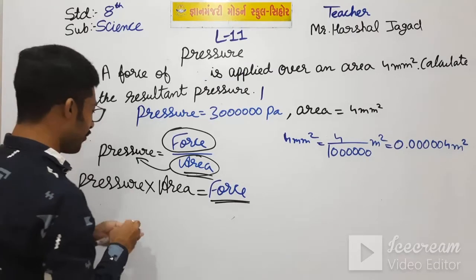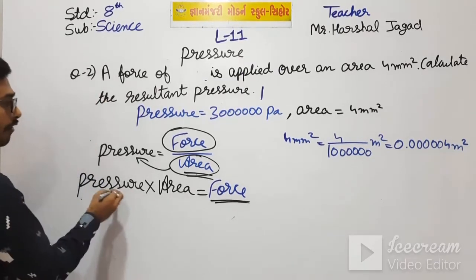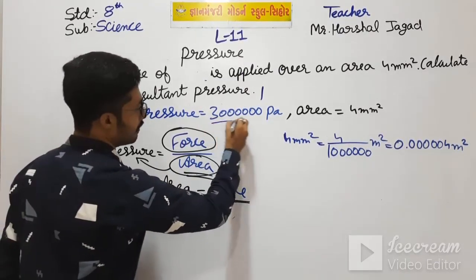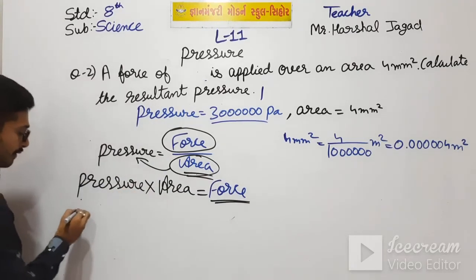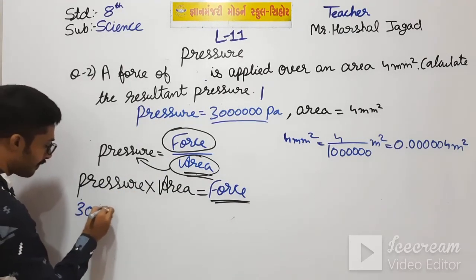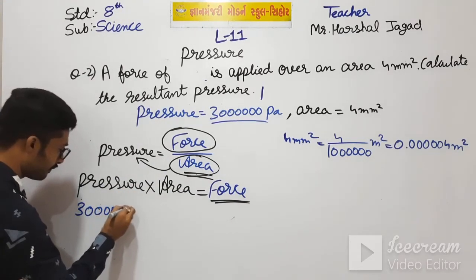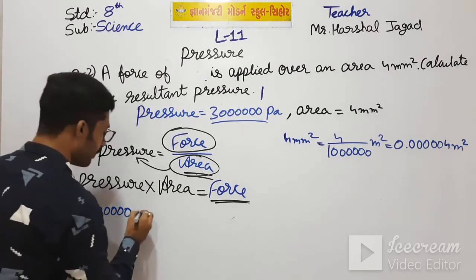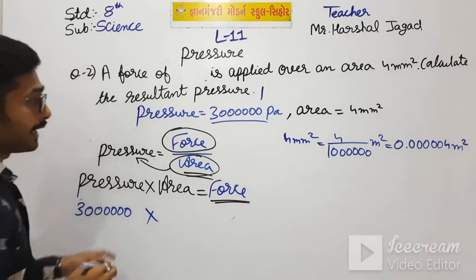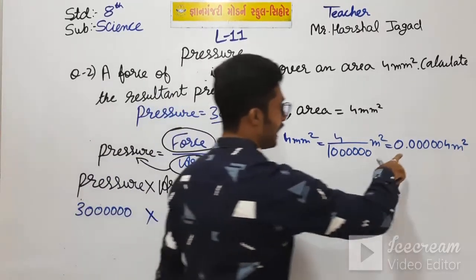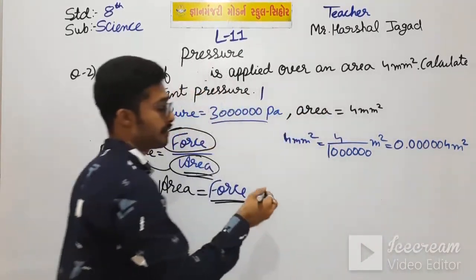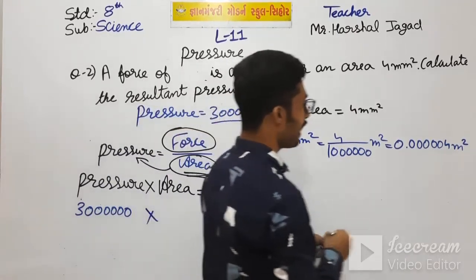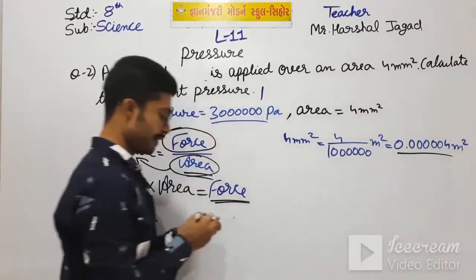Let us put the value. So what is the value of pressure? That is 30 lakh Pascal into area. What is the area? The area has been given.